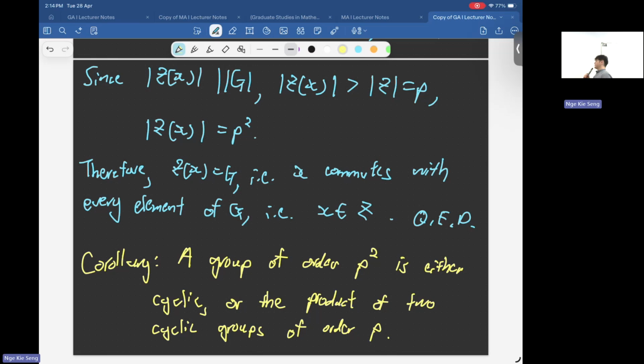If you have a group element that is of order p squared, then you can use that to generate the cyclic group. If not, then what? Then that means your group element must have maximum order p. It can't be the case that everyone is order 1, right?